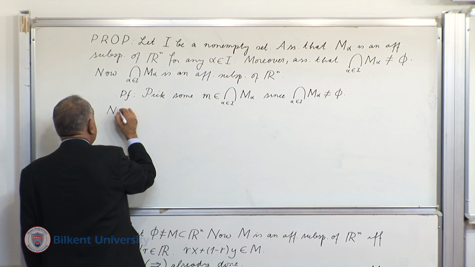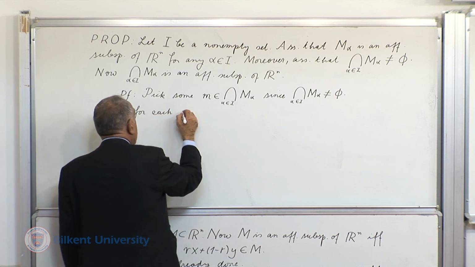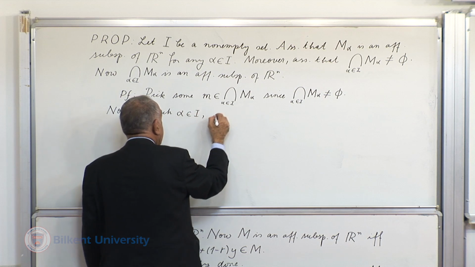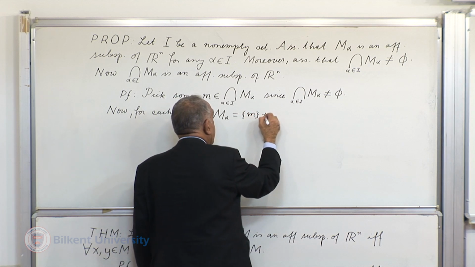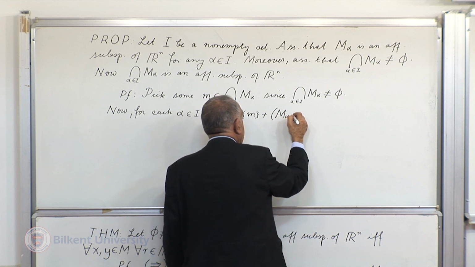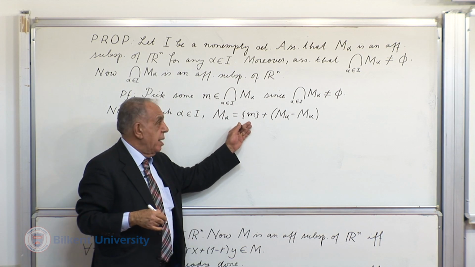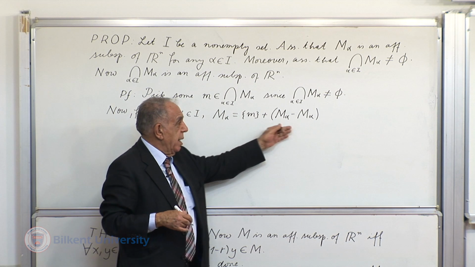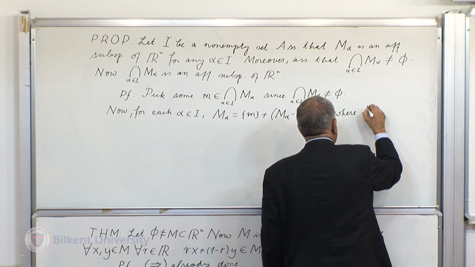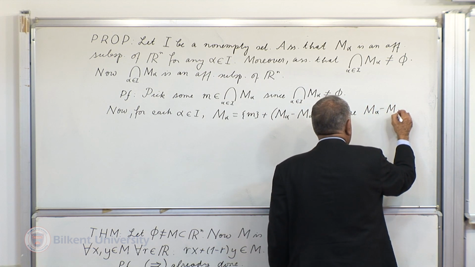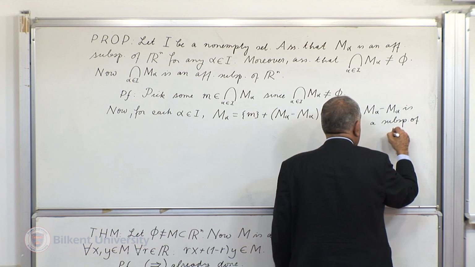Now, for each alpha in I, M alpha can be written as the singleton consisting of m only, but that's the same for all alpha in I, plus M alpha minus M alpha, which is a subspace of Rn.